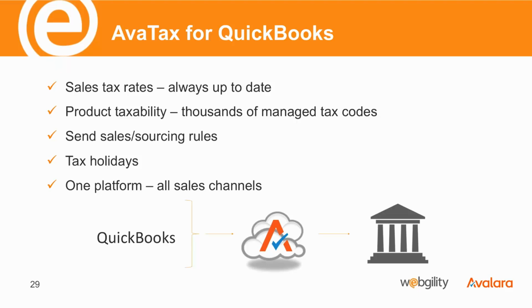We also keep up to date the sourcing rules. Sometimes if you're selling within a state, the tax rate is determined based upon the origin versus destination. So we do that all automatically. We also account for any tax holidays, especially around now, like around back to school time.